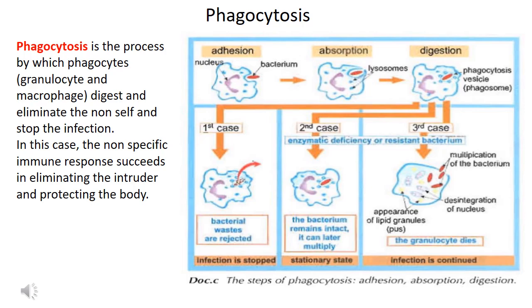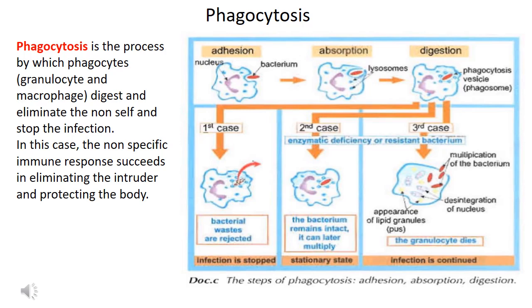In case 3, the microbe can multiply later on. And you see that the nucleus of the macrophage or of the granulocyte is destroyed. It disintegrates and there is formation of the pus, which is a sign that the macrophage, the white blood cell, is destroyed.